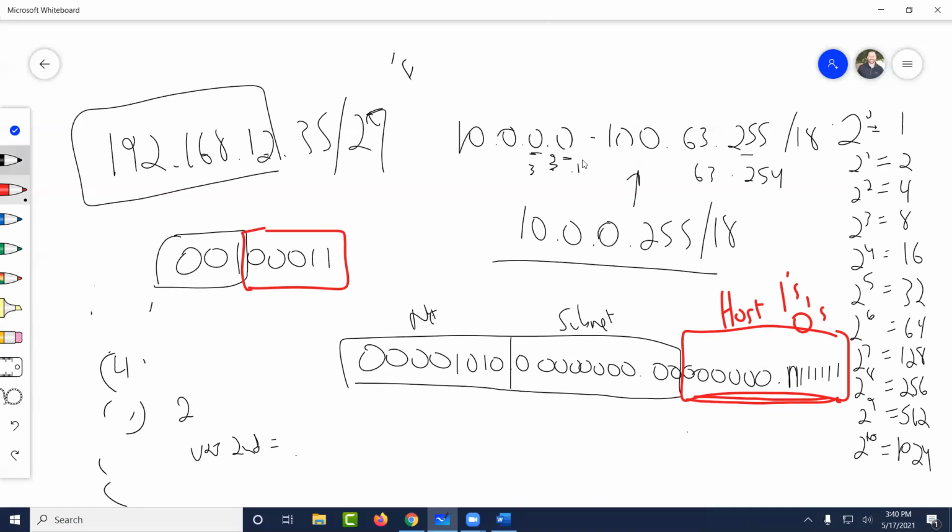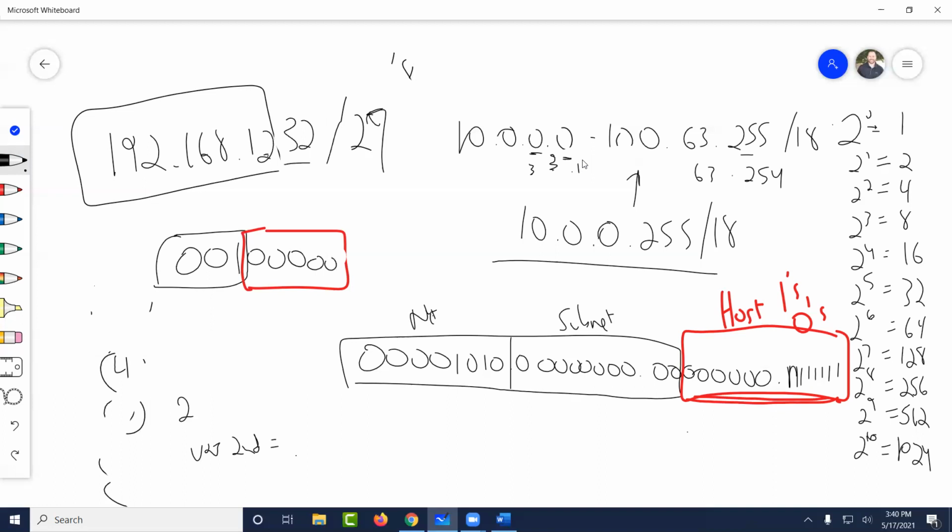And what about this one? Let's make this 32. Now look what happens. All the host bits are zeros. So I know this is a subnet ID.